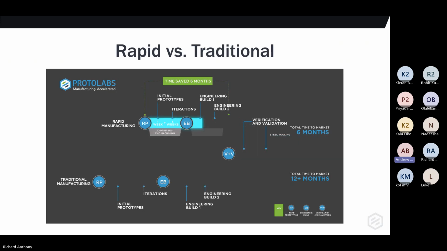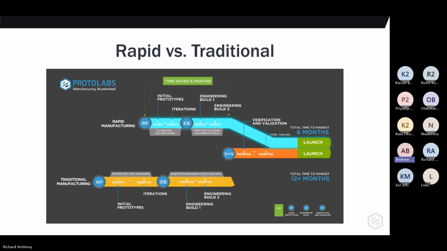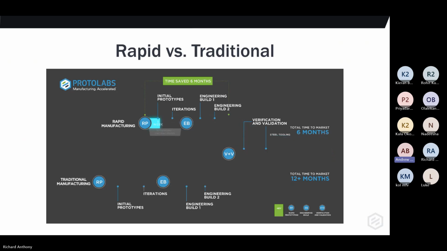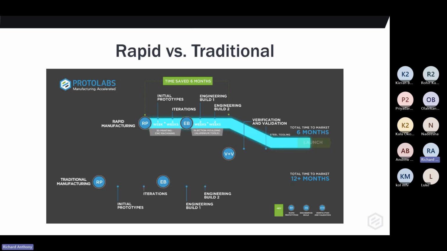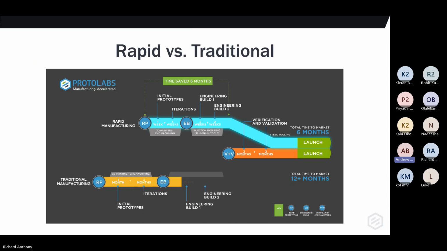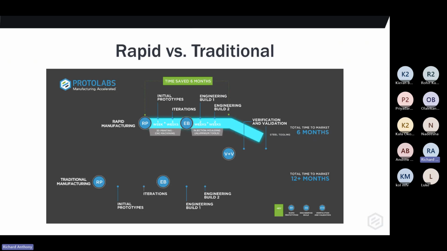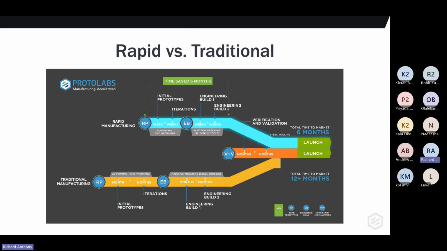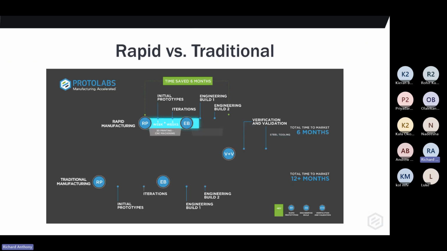The top one and the bottom one, it both says 3D printing, CNC machining. I'm wondering what is it you're doing differently? I mean, go from like 1 month to 1 week, or 3 months to 3 weeks there. Yeah, I mean, for 3D printing, the lead time is really dictated by the machines themselves. So there probably won't be a great deal of difference in lead time for the 3D printing services.